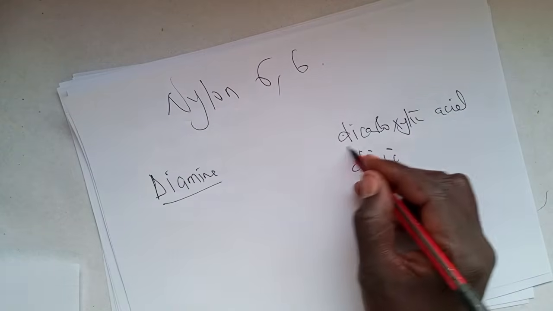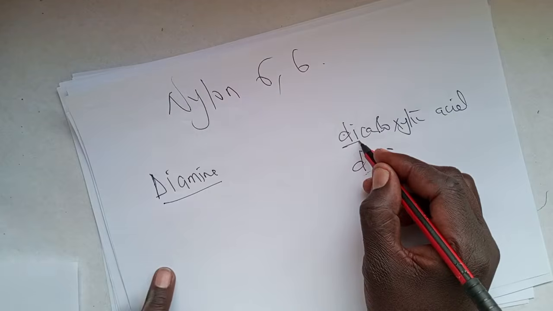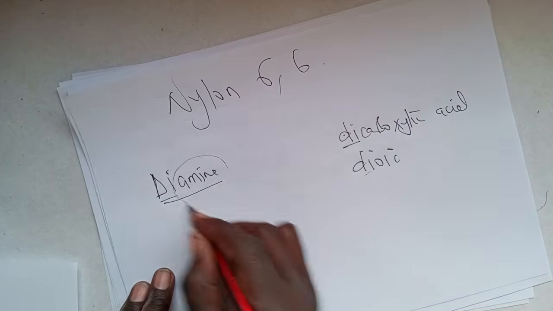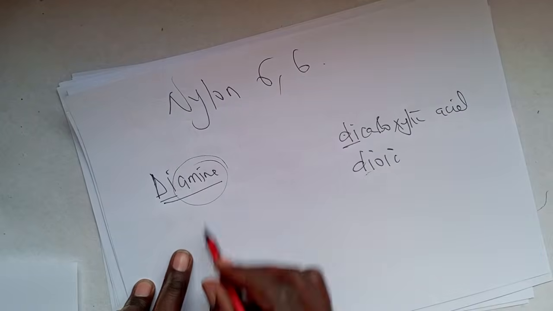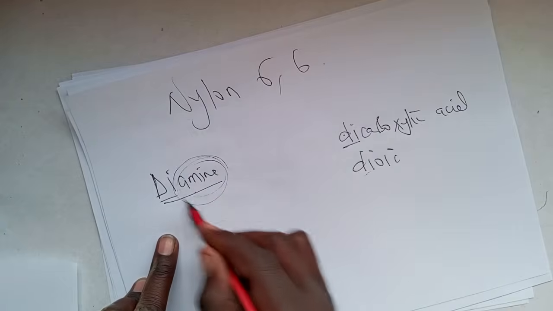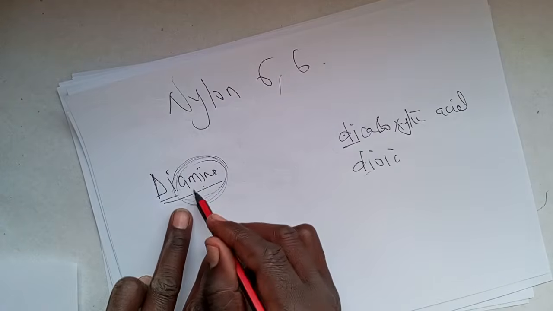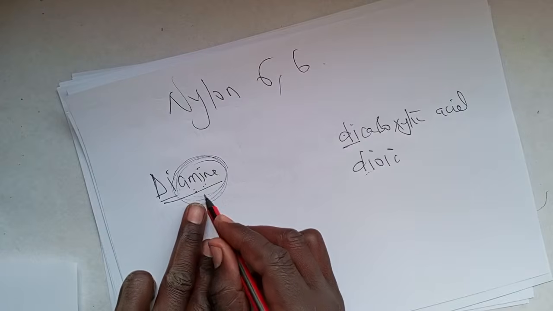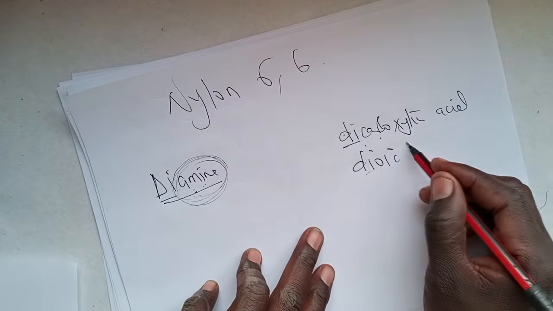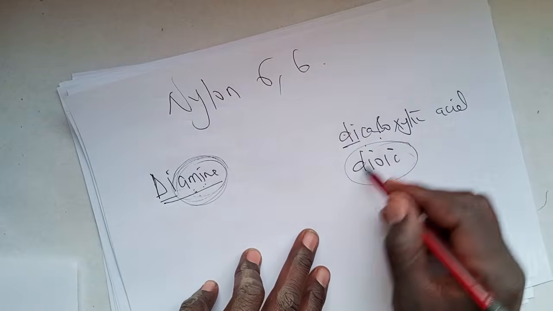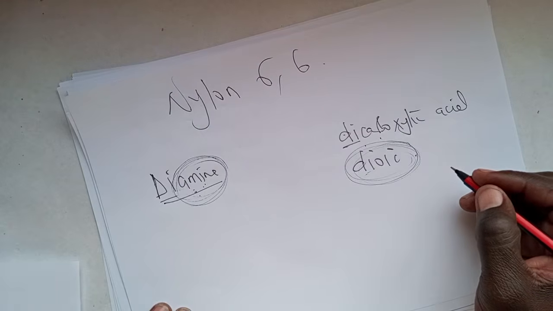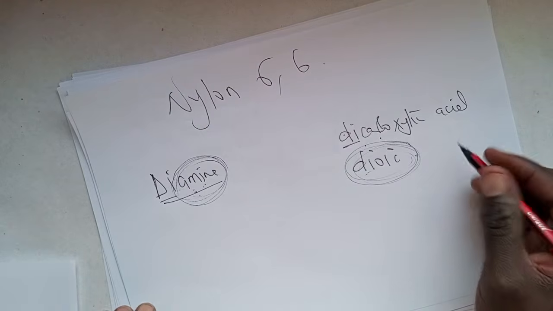Di means 2. So you have this monomer which has 2 amine groups, one on each end, and this one has 2 carboxyl groups, one on each end. Is that understood?